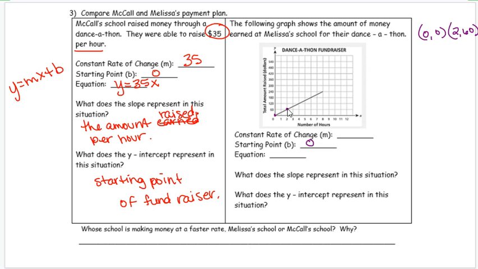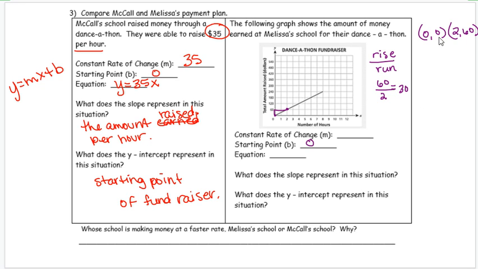So I can either do my rise and run, or I can use my slope formula. So let's try a little bit of both. My rise over run would be rise 60 and run 2. And that would simplify to 30.